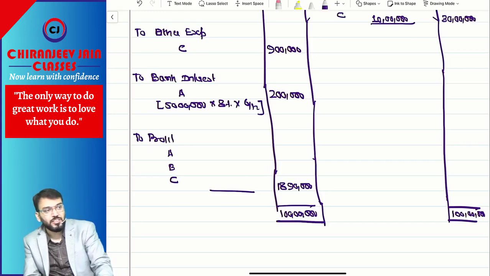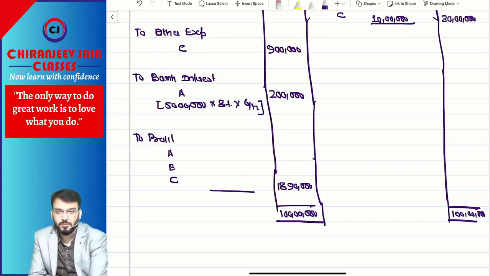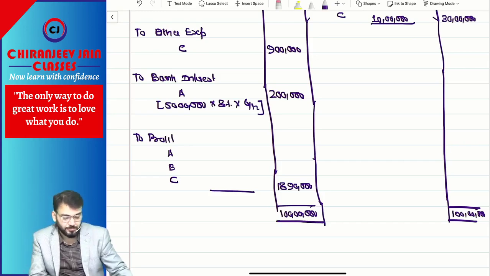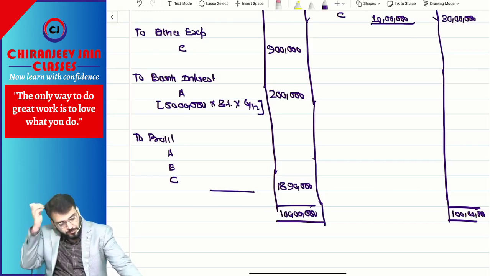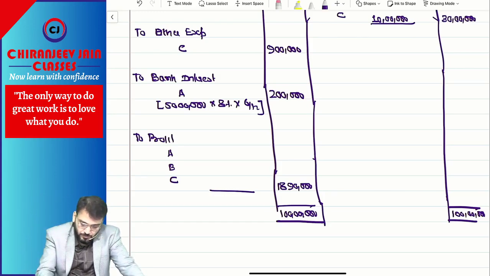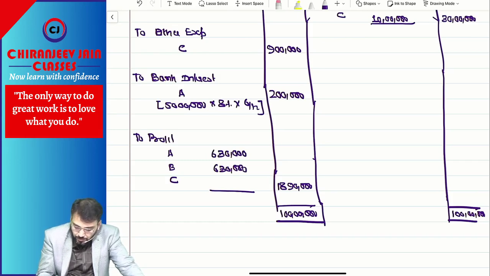They have given that the profit sharing ratio is equal in the question. So 1:1:1. 6 lakh each. Done.